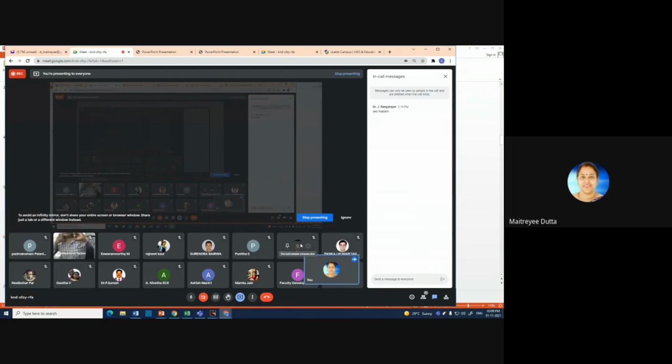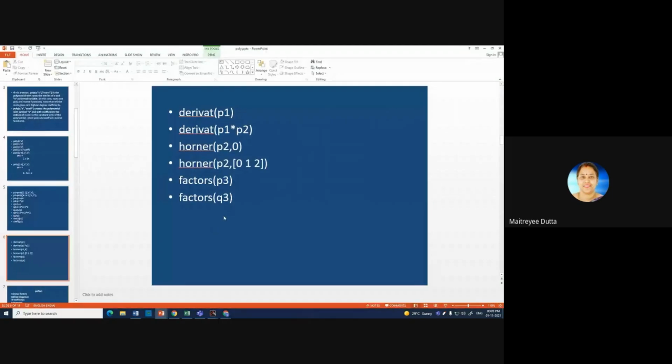And finally, how to find the derivative of a function, and how to find the Horner of a function, meaning the value of the polynomial at a particular value, and then how to calculate the factors, right? So these are the things I have done till now.